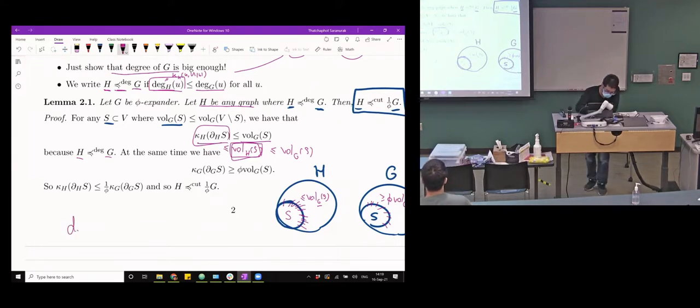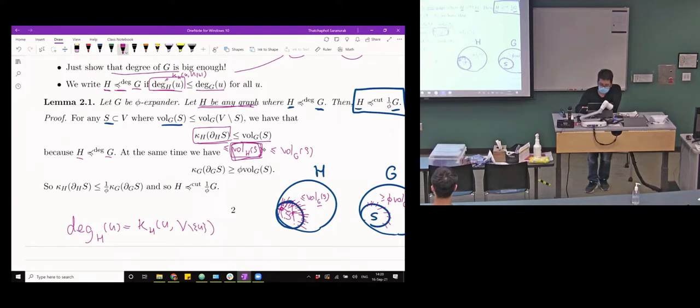Again, the degree of H at u is the cut size around u, really. Kappa H is just the capacity in graph H. But here I just say that the cut size is at most the total capacity, the total volume inside H, inside the cut.